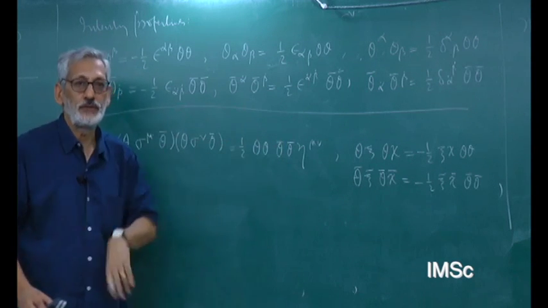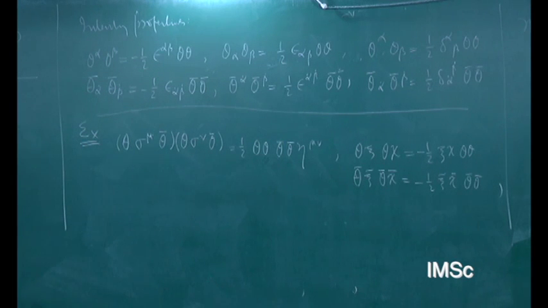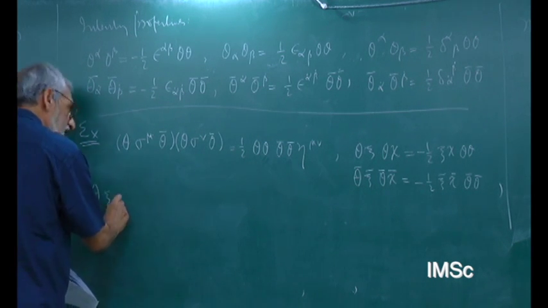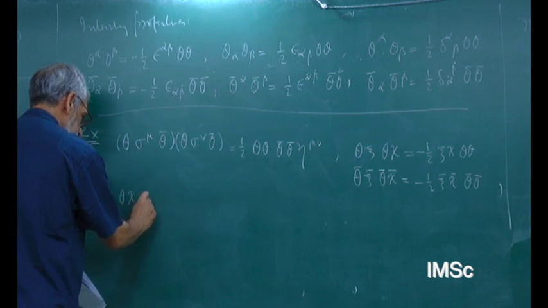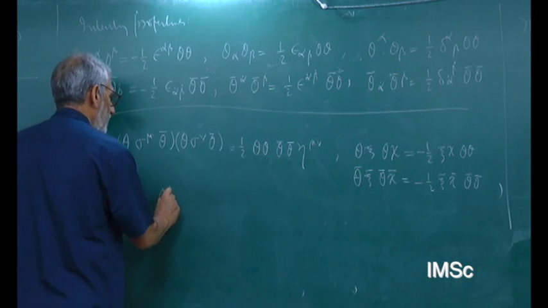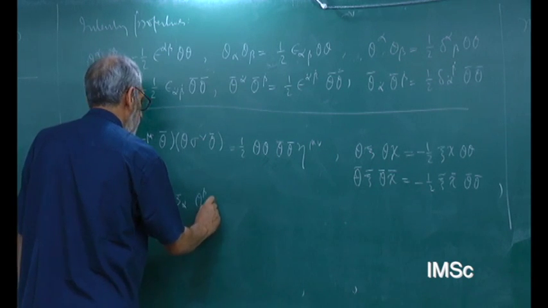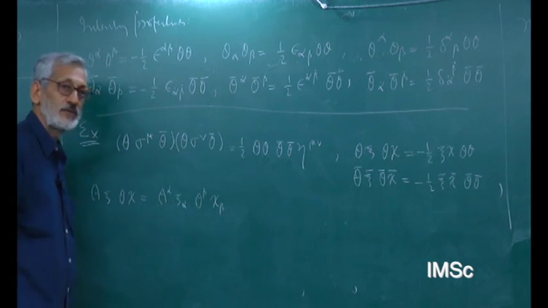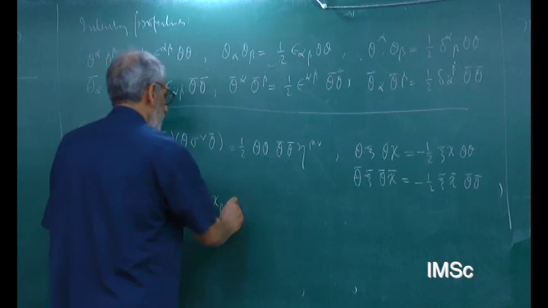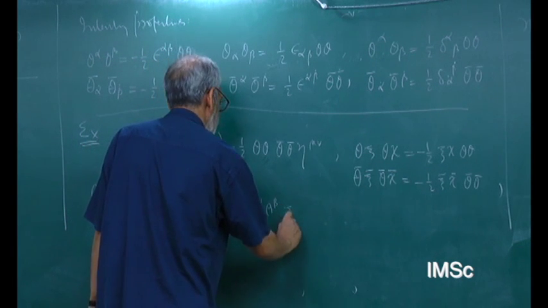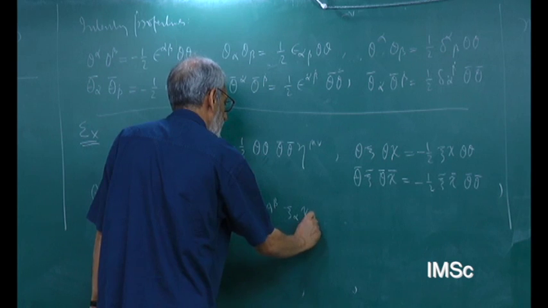Let me check one for you so that you see how it is done. Which is the one? All right, let me take the second one. That has less algebra. Theta xi, theta chi. So what is theta xi? Theta alpha xi alpha, theta beta chi beta. That's what it is. Write this as theta alpha theta beta xi alpha chi beta.